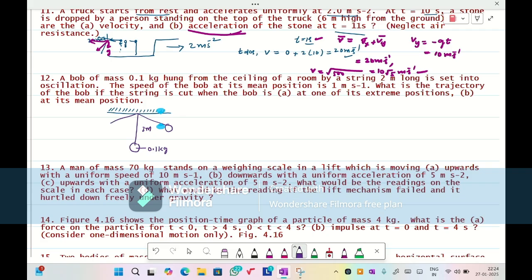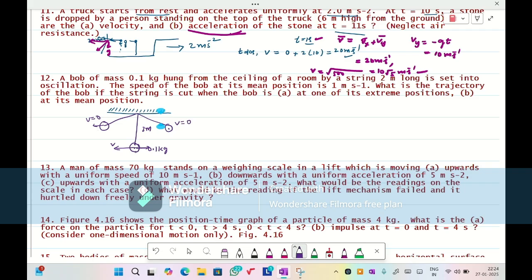extreme position, and mean position. So here it has velocity in either direction. These velocities are maximum at the mean position. At the extreme position the velocity is 0, so it has maximum potential energy and 0 kinetic energy.